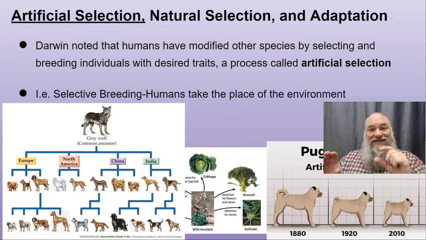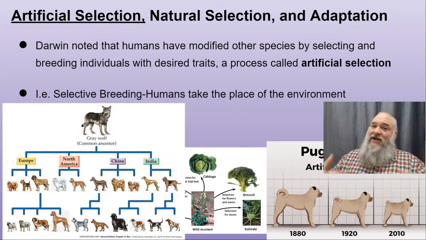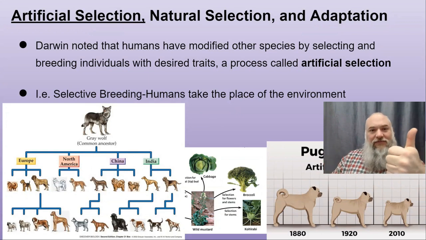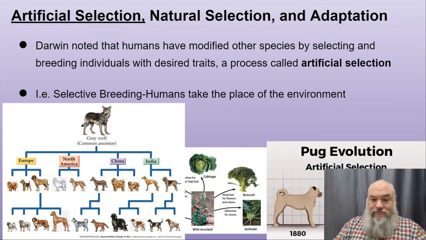So humans are deciding who gets to breed and who gets to pass on their genes to the next generation. Okay. Natural selection is very much similar, but instead of humans deciding, nature decides who gets to breed by killing you off if you can't survive. And if you survive, okay, you survive, now you can breed. If you can find a mate, you can breed.